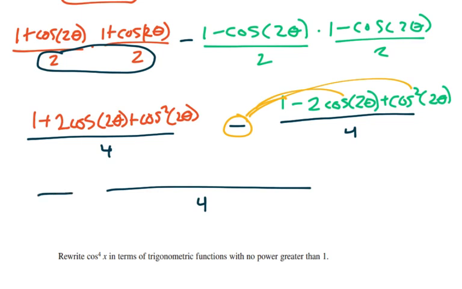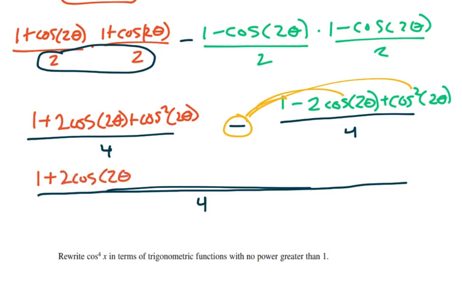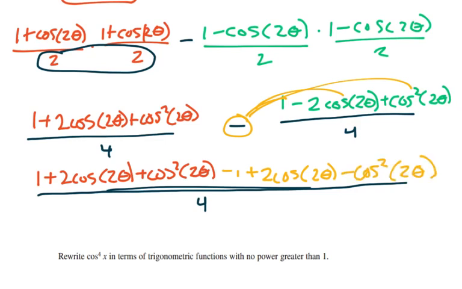So I'll rewrite it here. So we'll have 1 plus 2 cosine of 2 theta plus cosine squared of 2 theta, but then minus 1 minus 2 cosine of 2 theta plus cosine squared of 2 theta. So let's see. A positive cosine squared of 2 theta and a negative cosine squared are going to cancel.